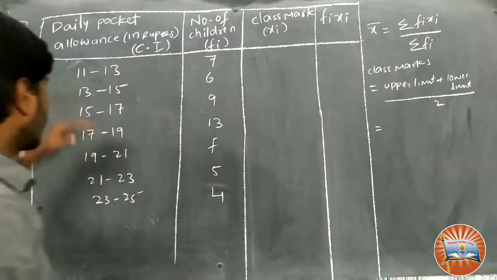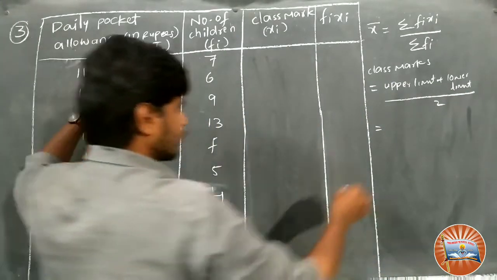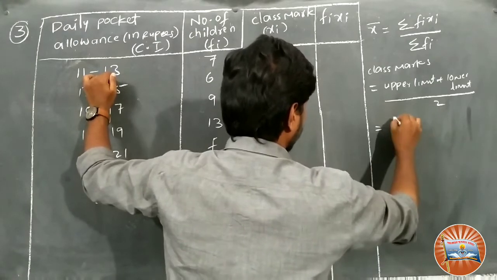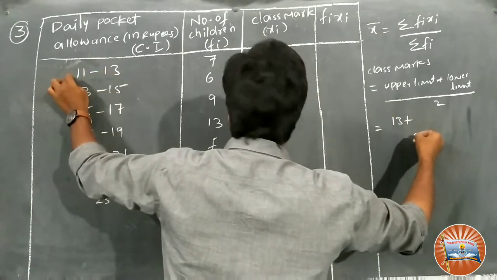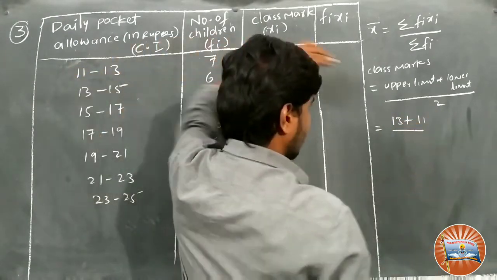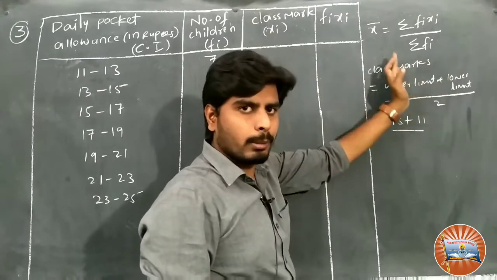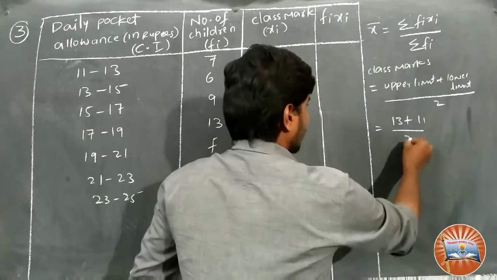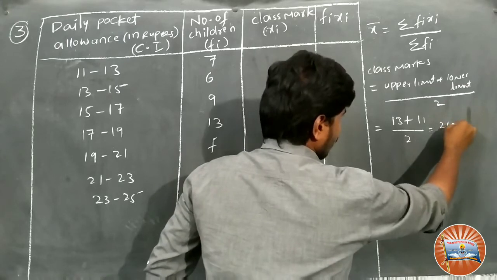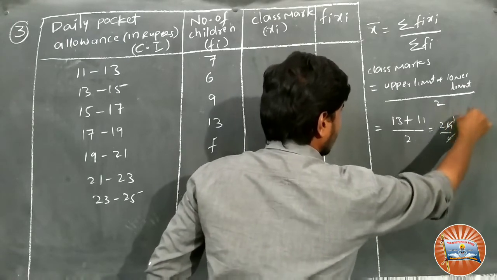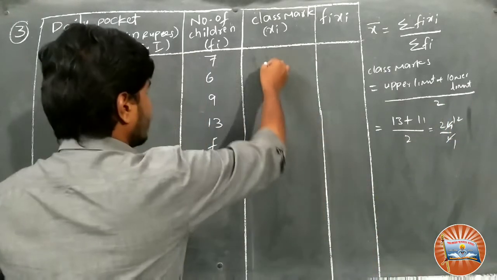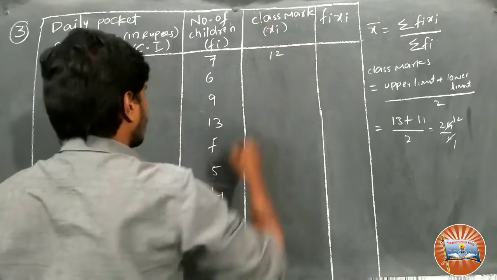Look here, upper limit is 13, lower limit is 11. So 11 plus 13 is 24 by 2, 2 twelves are 24. So here it is 12.